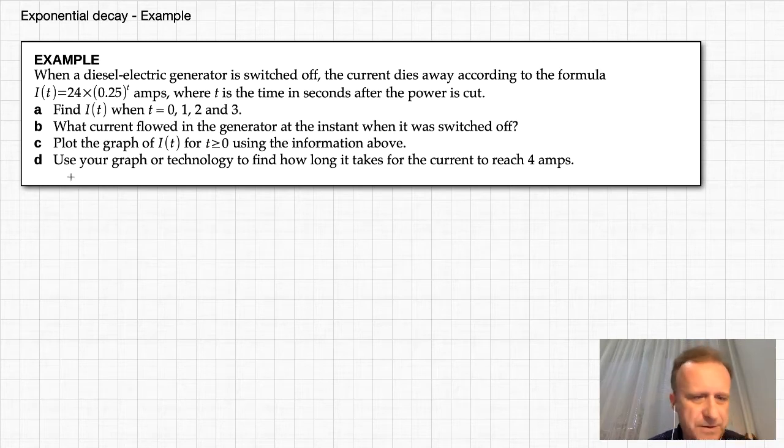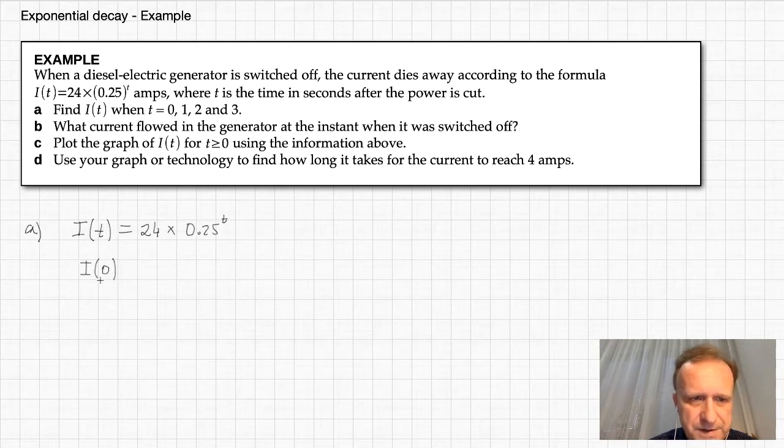Okay, so let us start with part A here. Let me copy the formula to start with. So I of t equals 24 times 0.25 to the power of t. If I want to find the electric current at these times, I have to substitute the values of t into this formula. So I of 0.